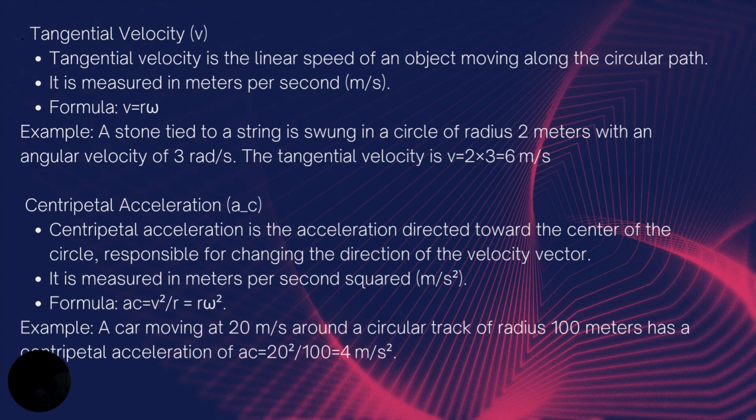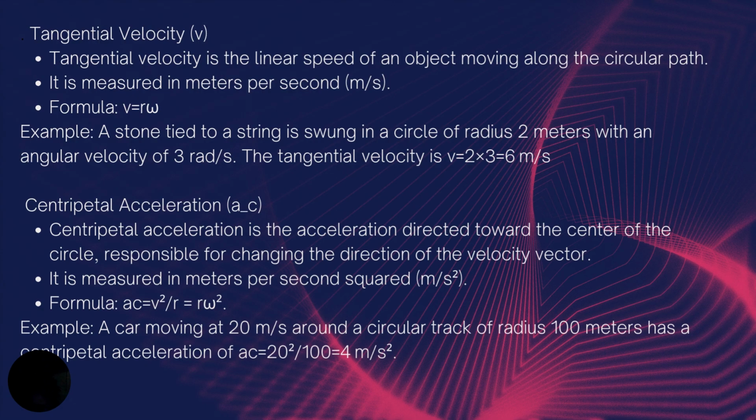So just put in the appropriate omega and R. R is the radius of the circle, and omega is the angular velocity of 3 rads. So just multiply that together to get the tangential velocity.